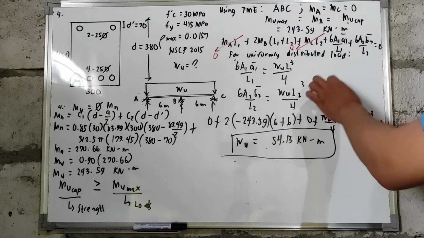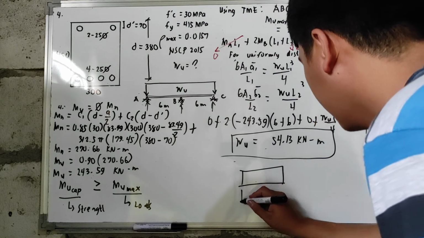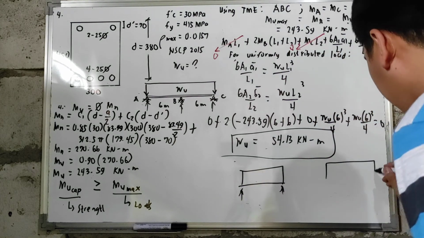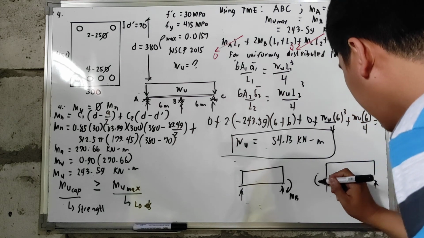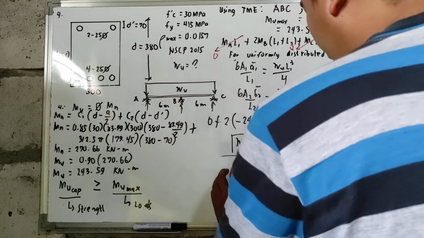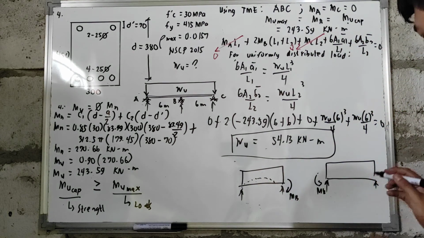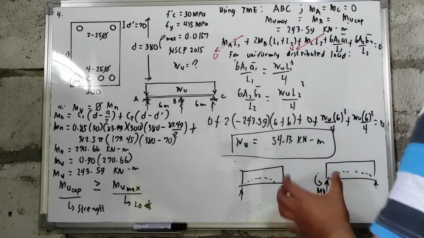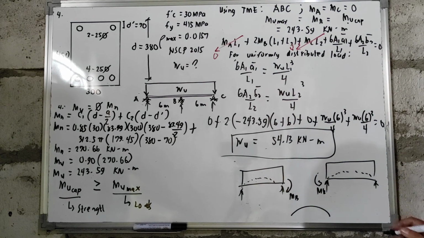Sir, bakit po natin na-negative yan? Kasi, kung gagawin natin etong beam natin, diba, let's say, hahatiin natin yan. So, meron tayo ditong MB, meron tayo ditong MB. So, yung ginagawa ng MB natin is kino-concave upward niya yung beam natin. So, by means of 3-moment equation, kapag yung moment mo is kino-concave upward niya or pinapalungkot niya yung beam natin, nangyayari is yung value ng moment natin dyan is negative.